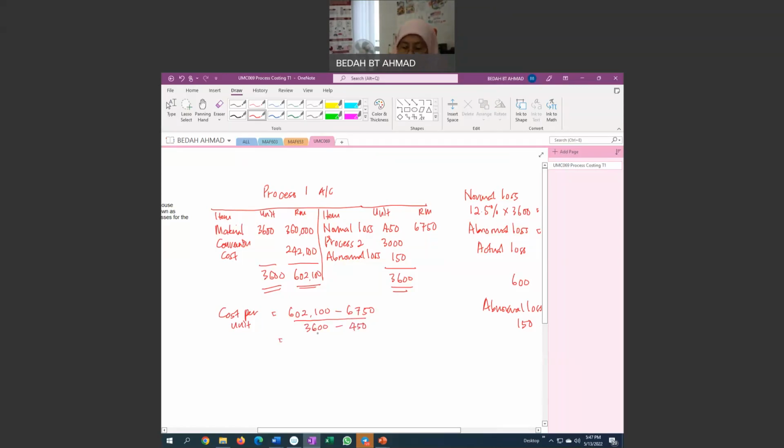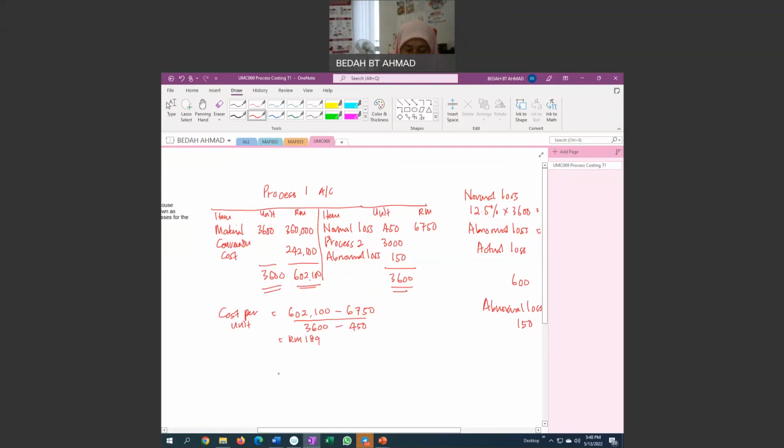So that will give the cost per unit. The cost per unit is RM 189.